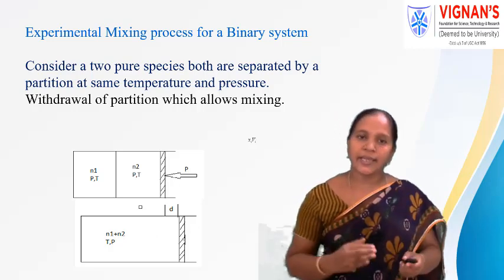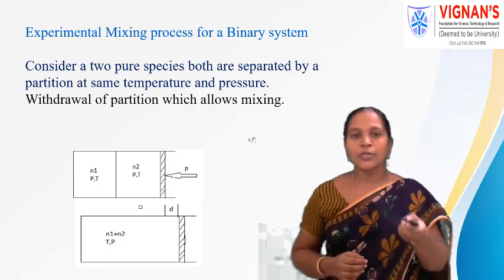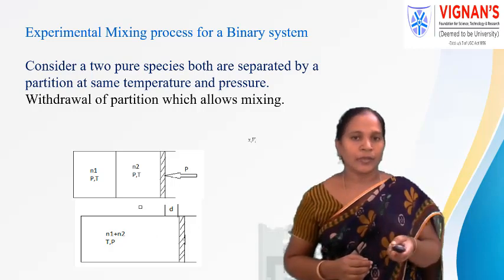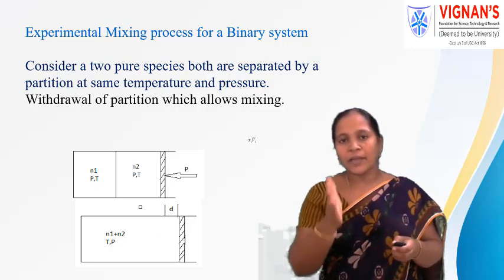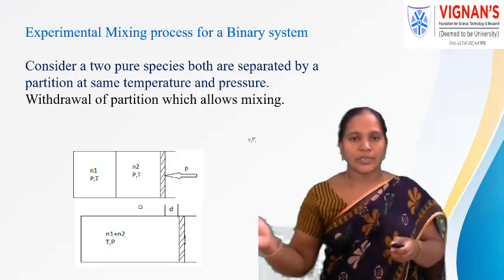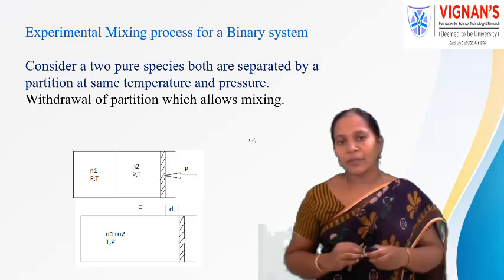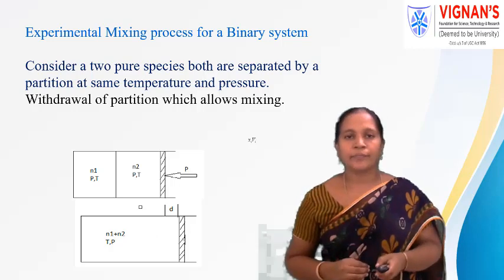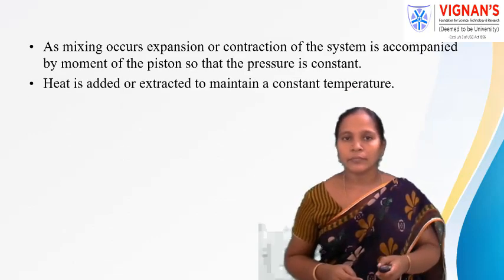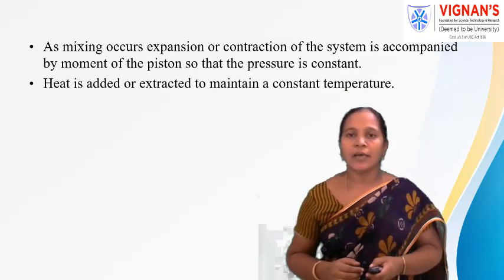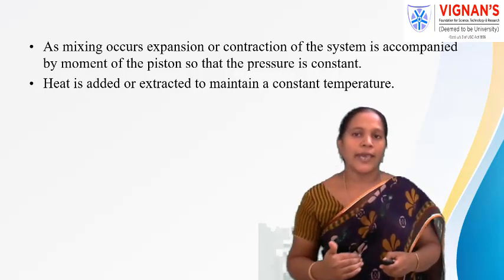After mixing, either expansion or contraction occurs, which is shown in figure 2, which shows expansion. That means the partition moves to some position. The difference between before mixing and after mixing is D. Here pressure is constant, which allows either contraction or expansion.